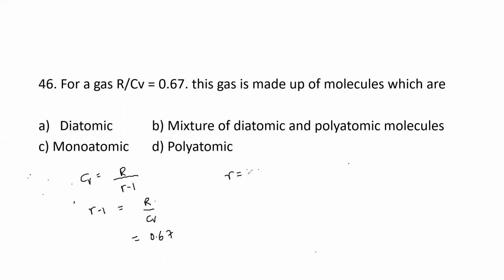Therefore, gamma is equal to 1 plus 0.67, that is nothing but 1.67. So when the gamma value is 1.67, it is monoatomic, right? That is option C, the right option here.